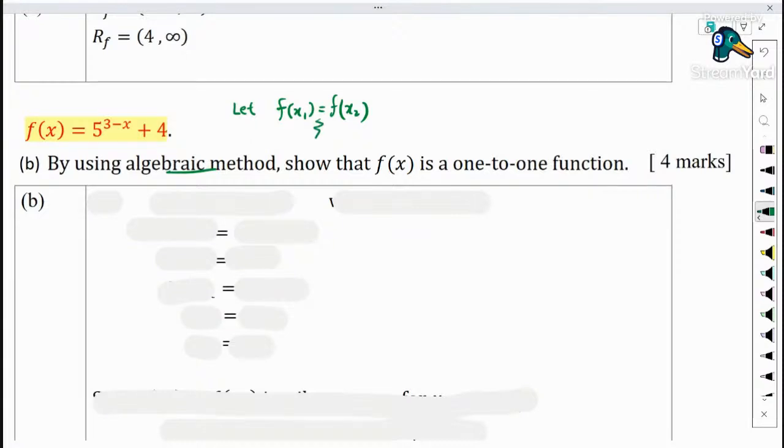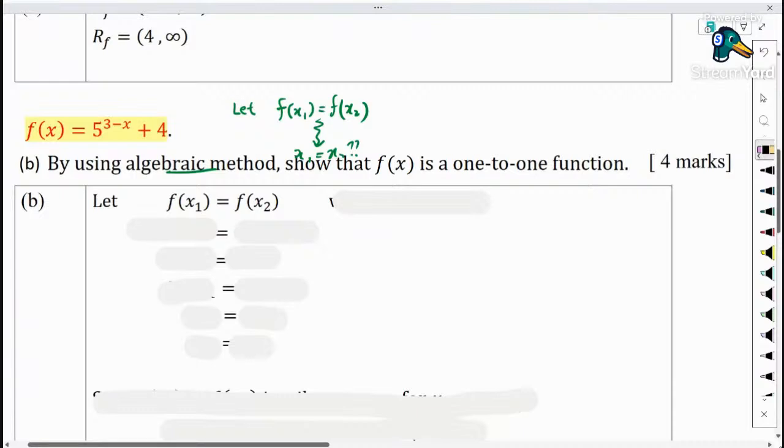In the end of our calculation, do we find out that x1 and x2 actually refer to the same point? If yes, one-to-one. If no, not one-to-one. This is what we're investigating. And of course, x1 and x2 must be inside the domain. So here, we let f(x1) equal f(x2), substituting x1 and x2 into the function.